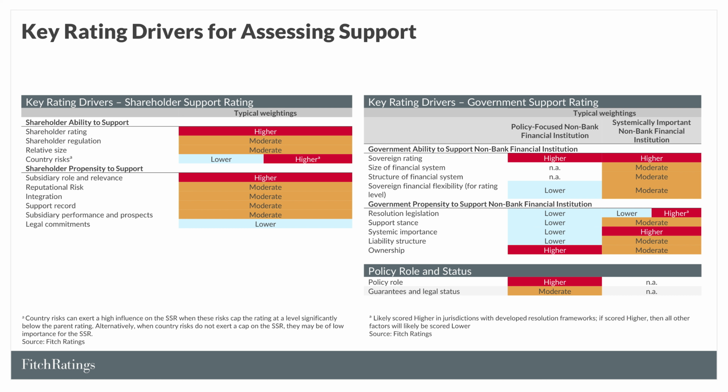Either an SSR or GSR would be assigned depending on which of both sources is more likely. To determine a support rating, Fitch considers the ability and propensity of the provider to extend support. Our starting point is typically the long-term IDR of the source of support, be it from a shareholder or the government. We then consider the key rating drivers listed in this slide depending on whether a shareholder or a government support rating is assigned.